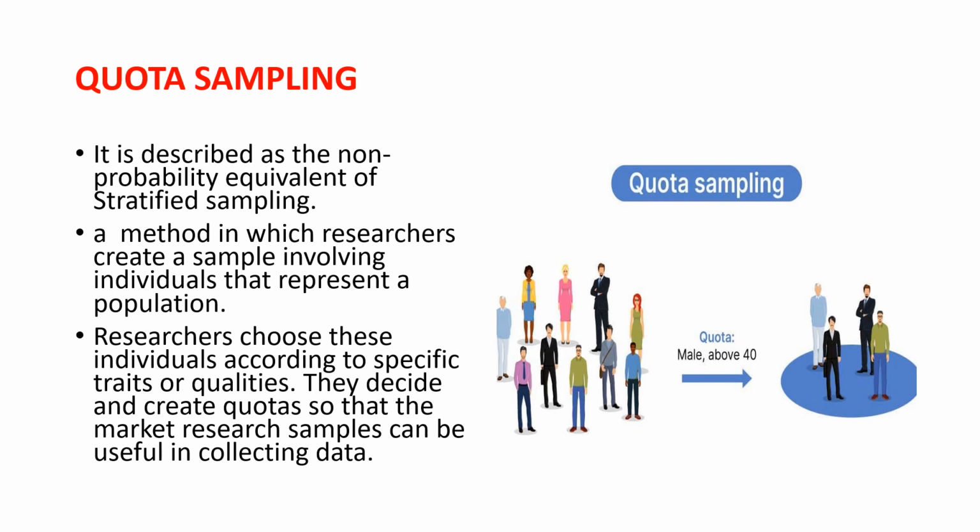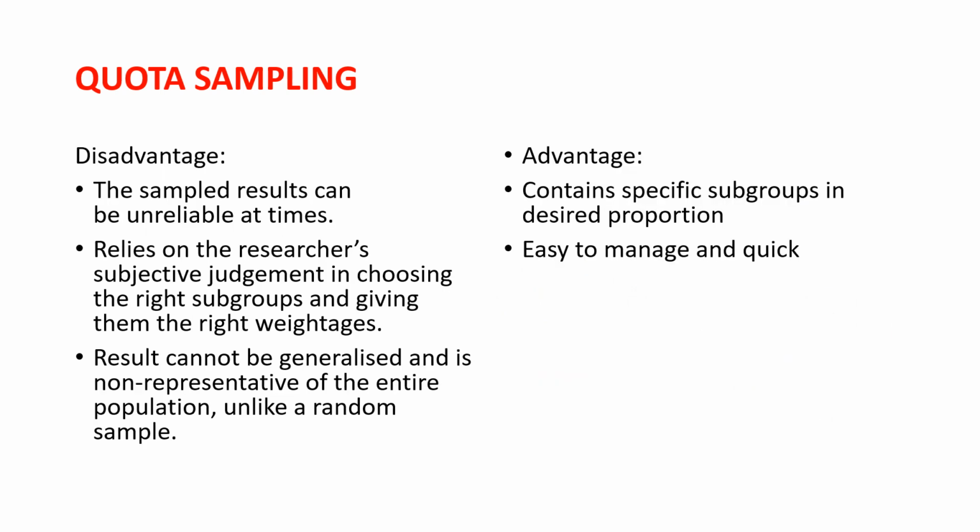But why isn't it then stratified sampling? Because the way I choose from this quota is not random. It will be selective. The disadvantage is that because this can be selectively chosen from that quota, it can be unreliable.